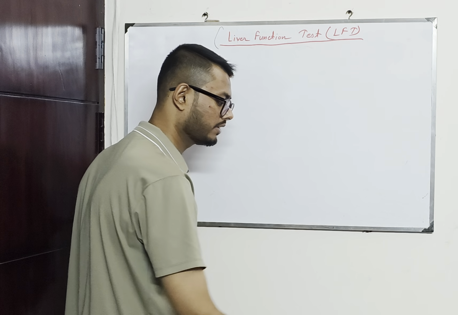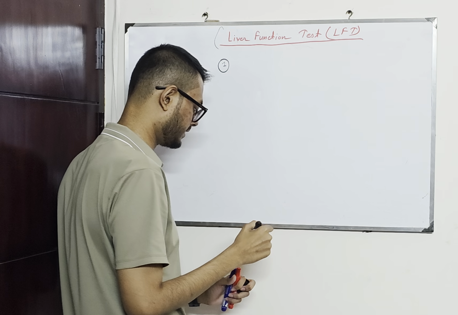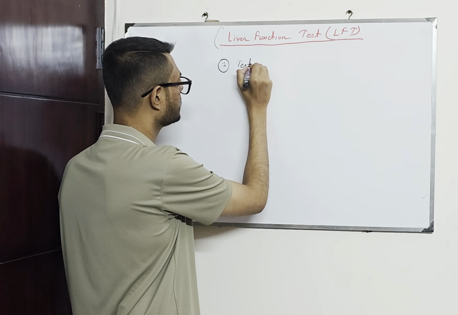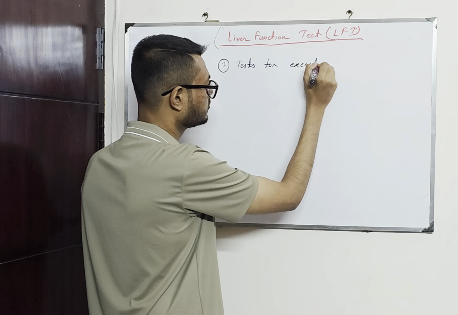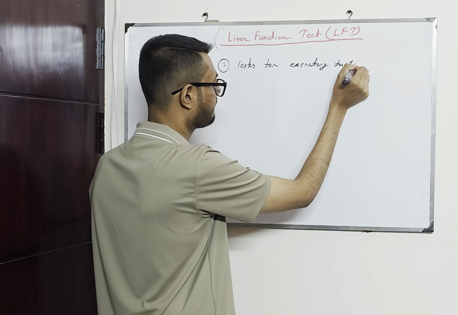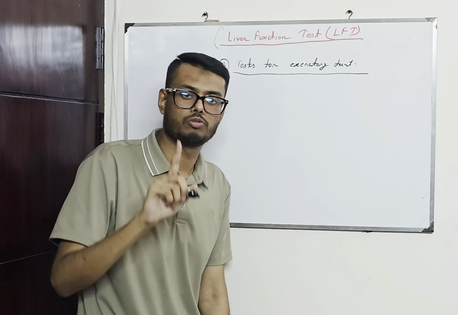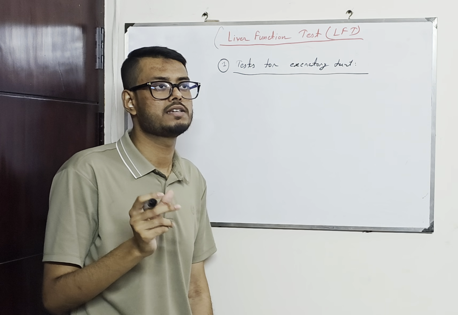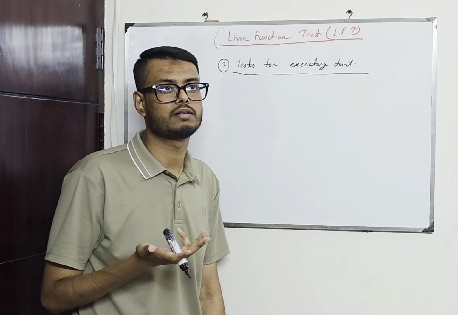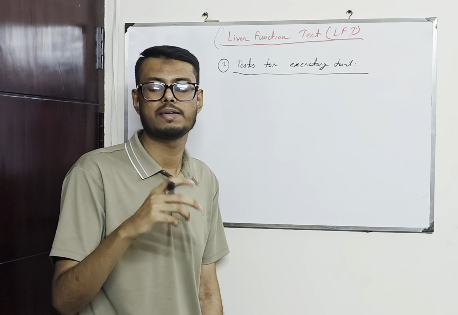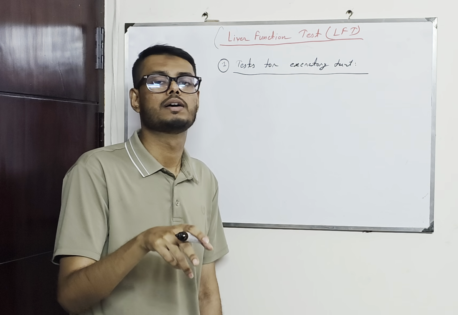In normal physiology, the RBC has a heme part, and the heme part breaks down and produces bilirubin, and then it goes into the liver.